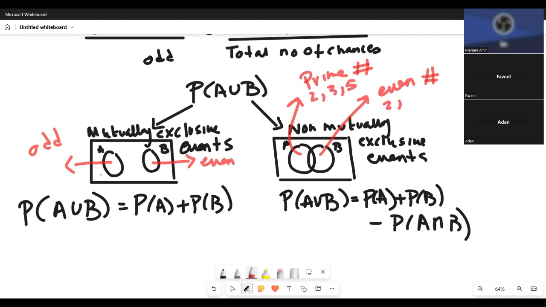And even is 2, 4 and 6. So we have a common value here. So this is a case where the two events, getting a prime number at the top of the die and getting an even number at the top of the die, are not mutually exclusive. So if it's an event like this, we use this formula, otherwise we use this formula.